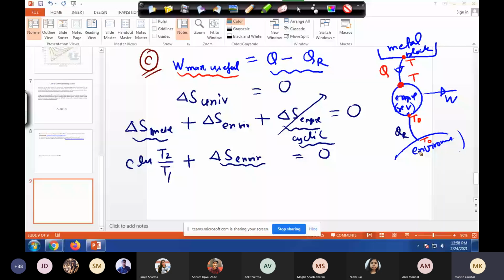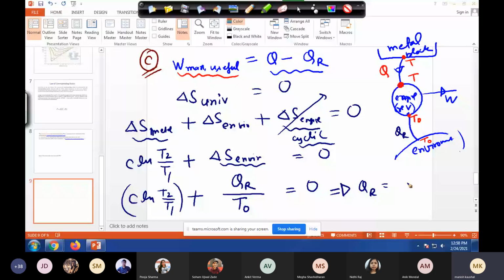So we know C ln T2 by T1 plus Q rejected, and since we are giving this to environment, positive sign, QR divided by temperature of environment is equal to 0. So this way you can calculate QR, which comes out to be minus T naught C ln T2 by T1. If you take minus inside, it will be T naught C ln T1 by T2.